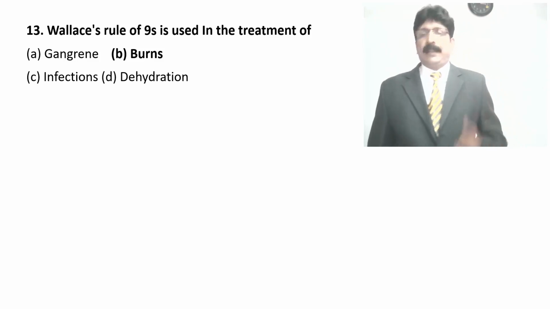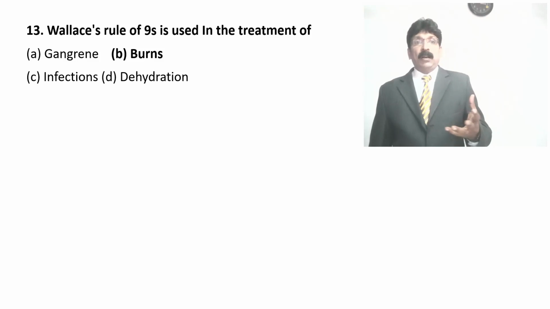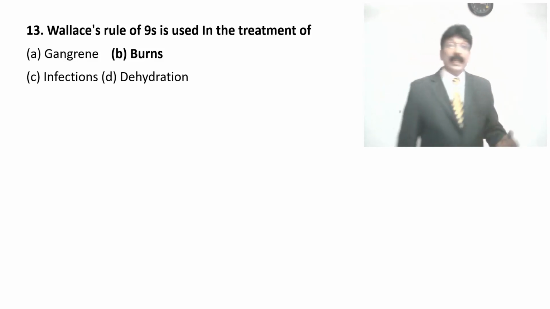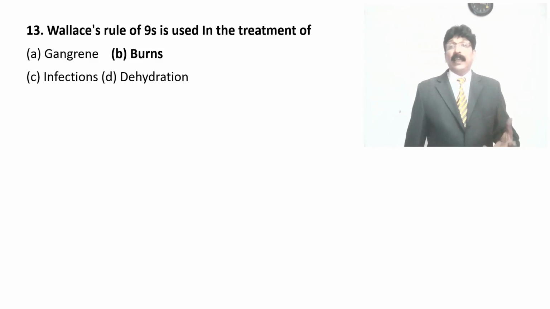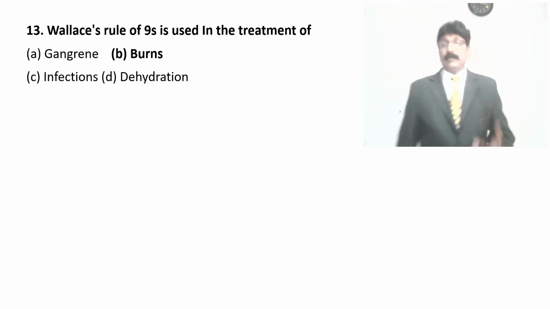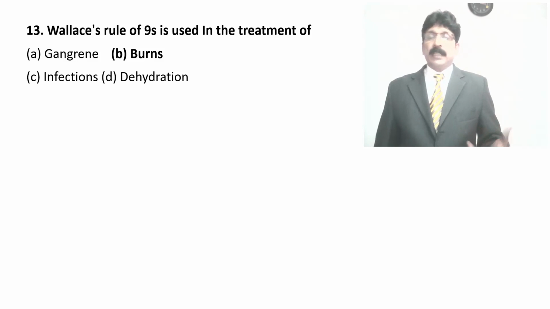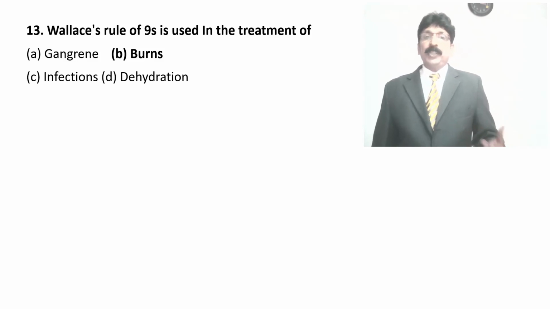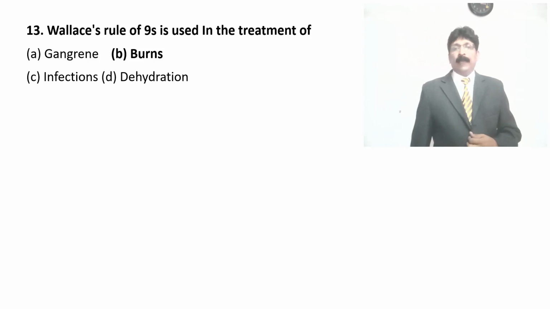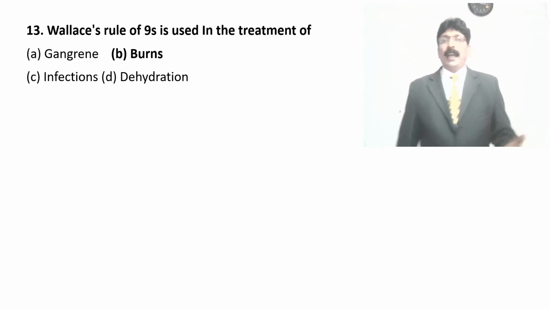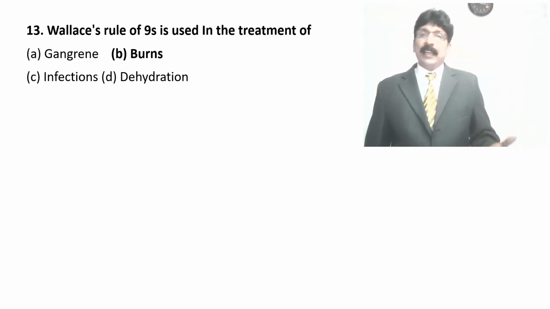They have asked about Wallace rule of nines, N-I-N-E-S, which may be written in many books and references. Nines is used in the treatment of, they have given a choice of gangrene, burns, infection, dehydration. Gangrene, you should know some of the things.